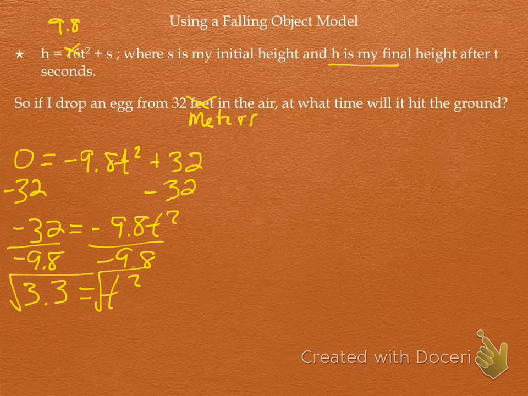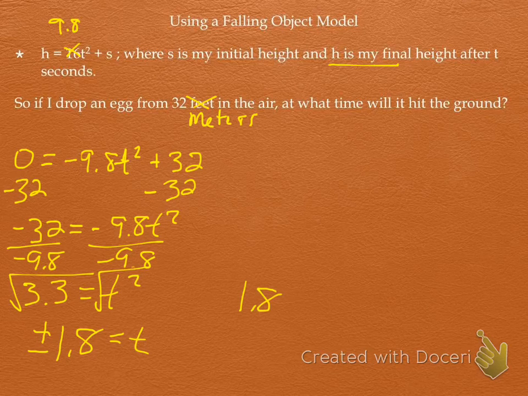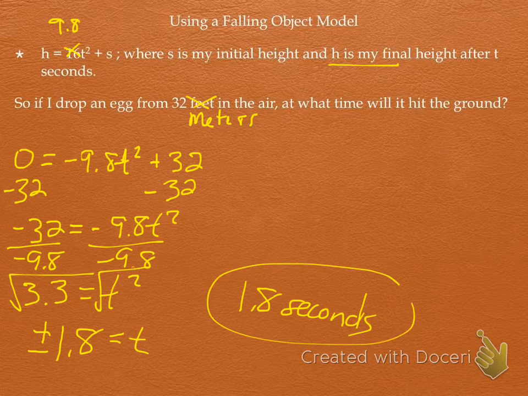So I get plus or minus 1.8 is equal to t. And actually in this case, since time doesn't make sense if I'm negative 1.8 seconds, I'm going to say that my final answer is 1.8 seconds. And that's how I would use that.